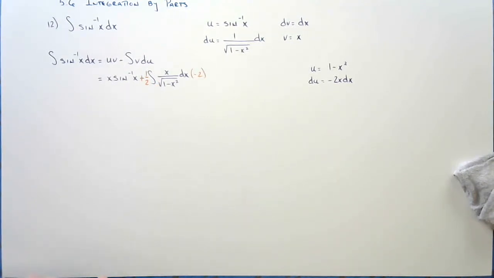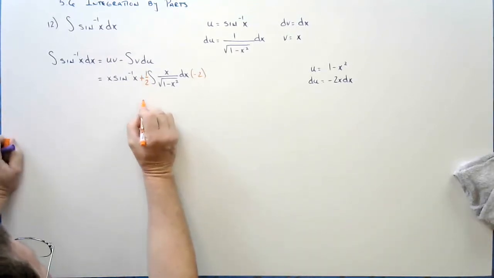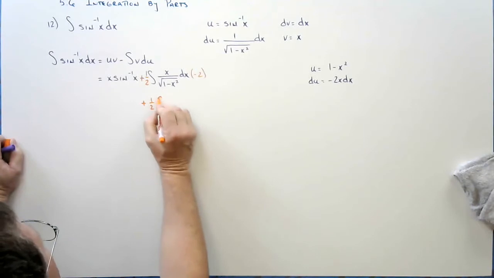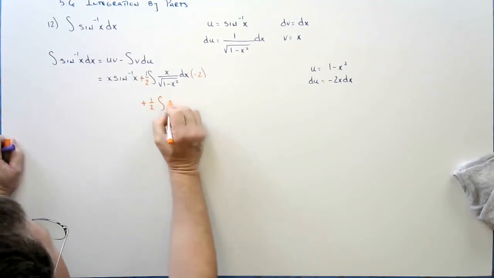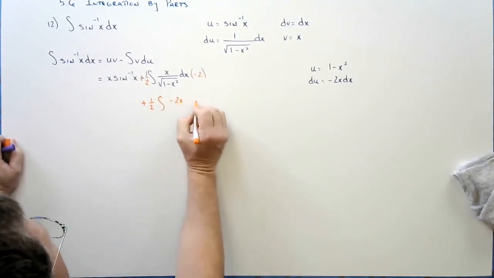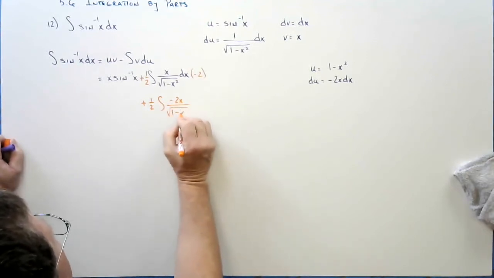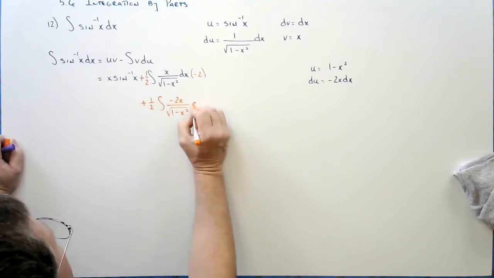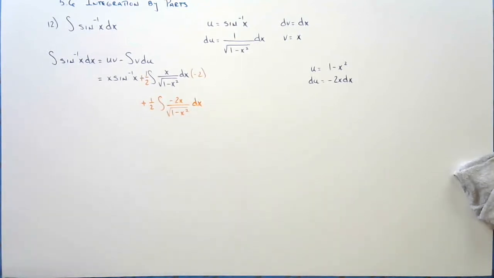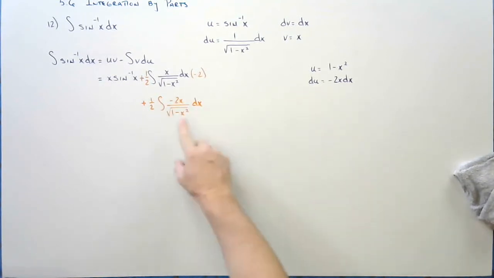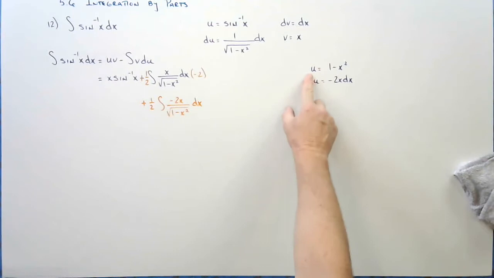That gets us plus 1/2 the integral, with negative 2x on top, and the square root of 1 minus x squared on the bottom, and we have dx. The negative 2x dx is our du. The 1 minus x squared is our u.